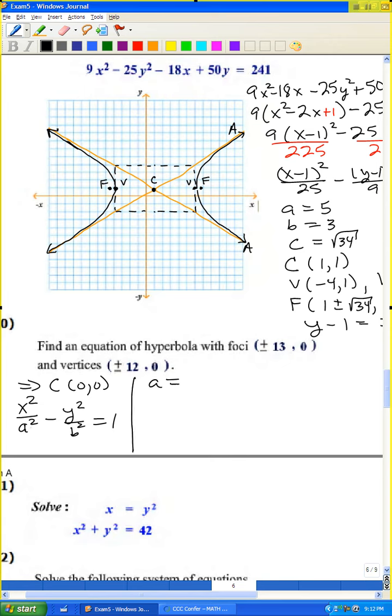So the foci are plus or minus 13, so c is 13. The vertices are plus or minus 12, so a is 12.